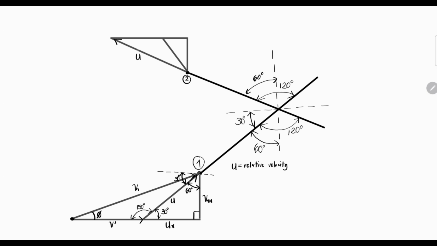Therefore, this one is 30 degrees. Now, this one is your absolute velocity at point 2. And this is your V2 normal. And if this is your V2, therefore, ito yung iyong V2x, yung x component ng ating velocity 2. And this velocity is your V prime.